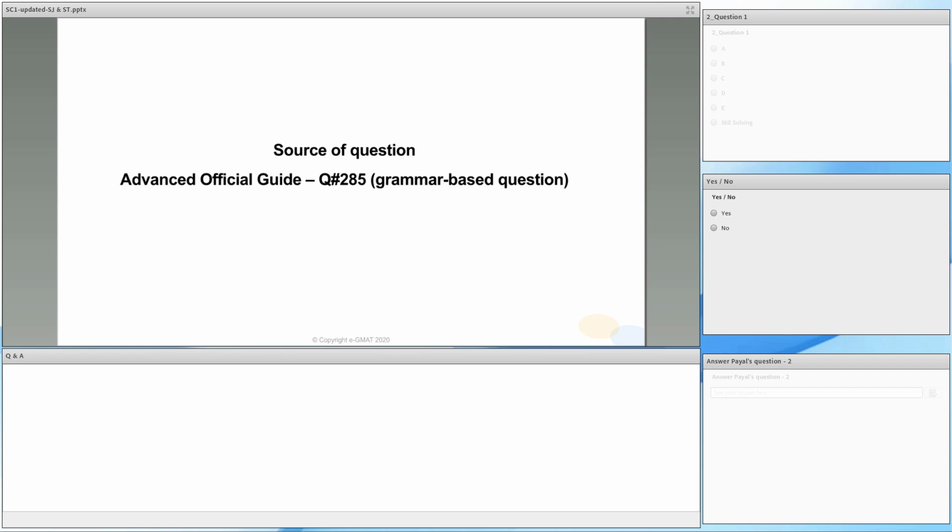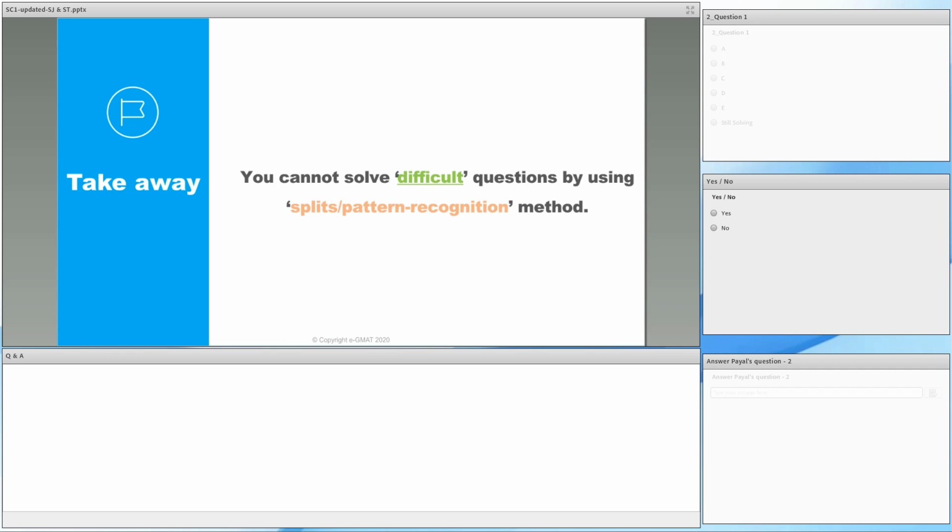Grammar is the way we think about language. It's a tool we use to communicate language. But if we don't know what's being communicated, then we don't know what grammar needs to be used. Okay? You can't get to that 90th percentile with this split pattern recognition. It's not going to work for you.